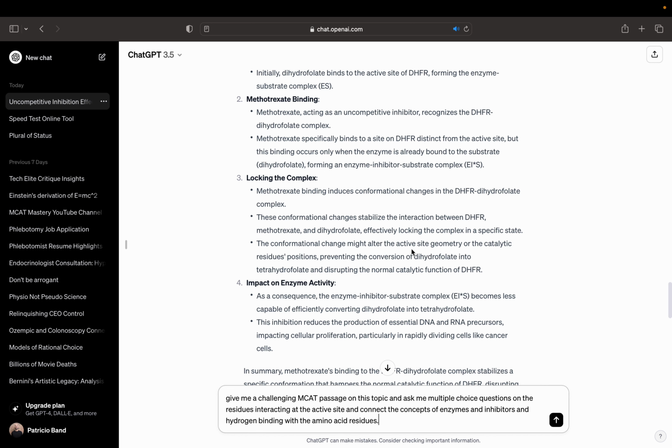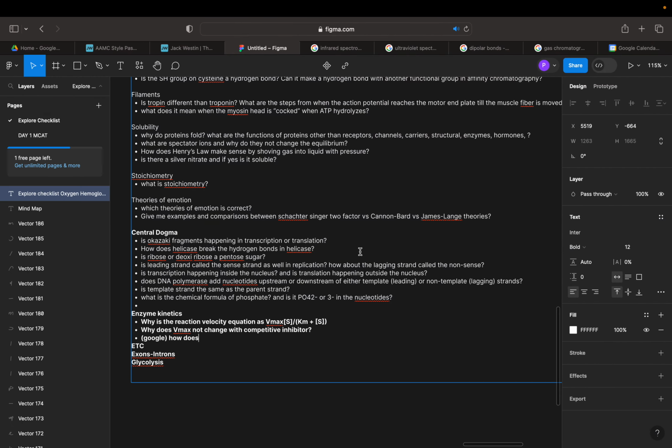So the conformational change might alter the active site geometry, or the catalytic residues' positions. These catalytic residue positions are also very connected to the active site geometry in changing its shape, right?